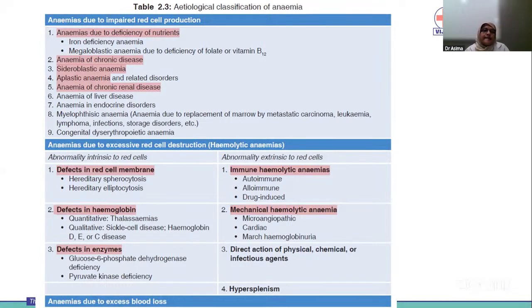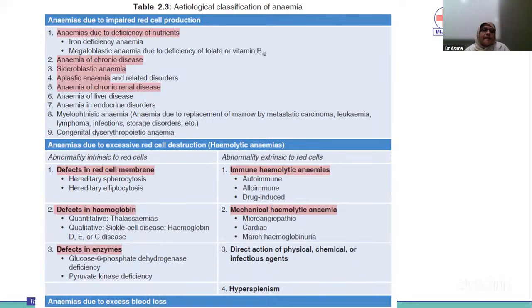Then the aplastic anemia and related disorders. In aplastic anemia, generally in the periphery, we see pancytopenia. And in the bone marrow, there are less than 25% of red blood cell precursors. Then we go to the anemia of chronic renal disease. Here also, due to involvement of the kidney, there may be disorders of erythropoietin production.